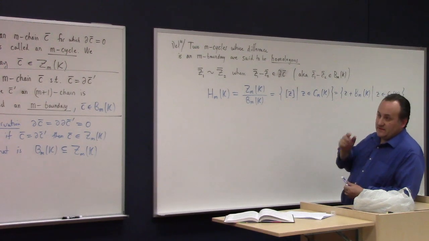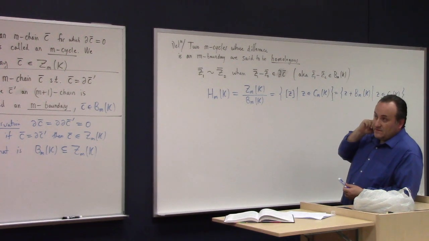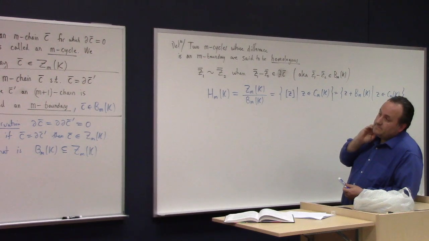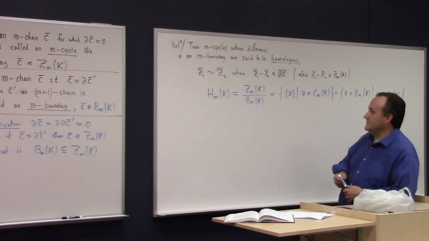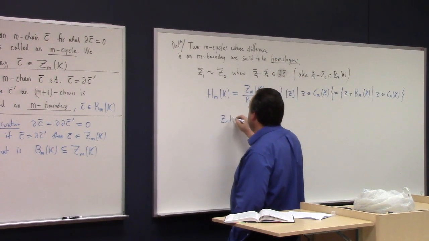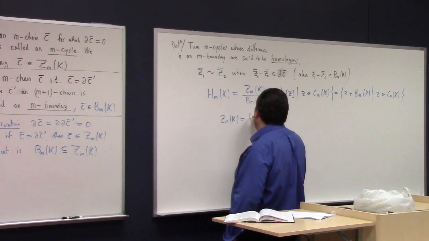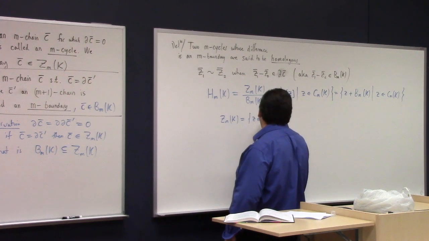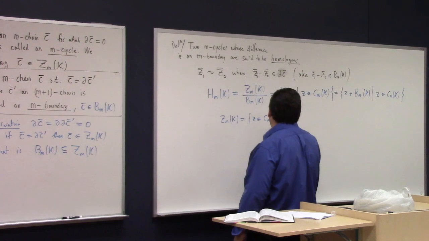I think it's relatively clear because ZMK is, what is ZMK technically? Let's write it out. ZMK is what? It is Z in CMK such that what?